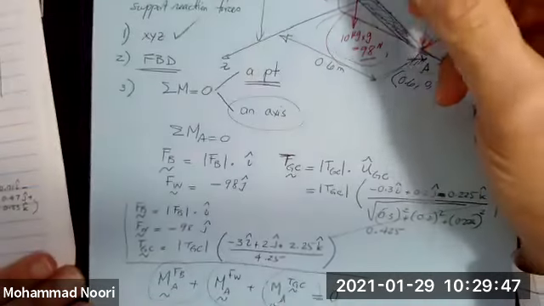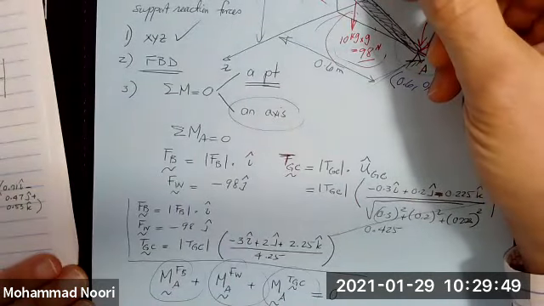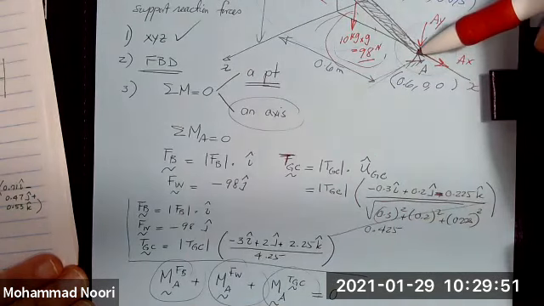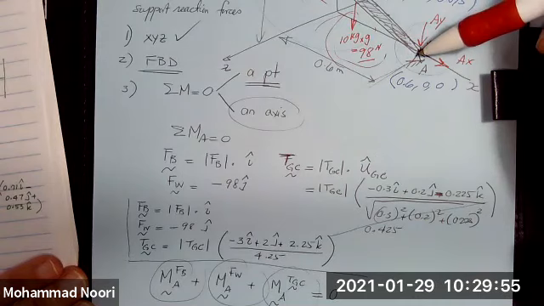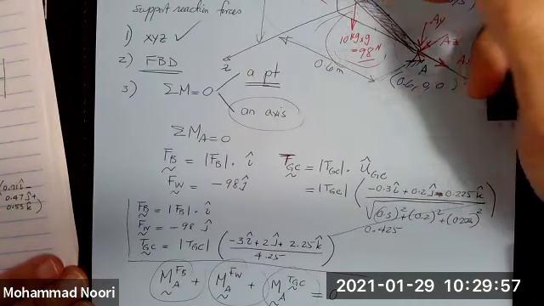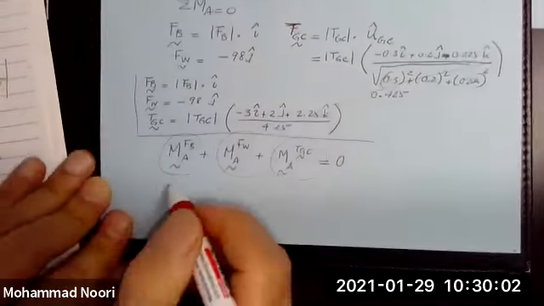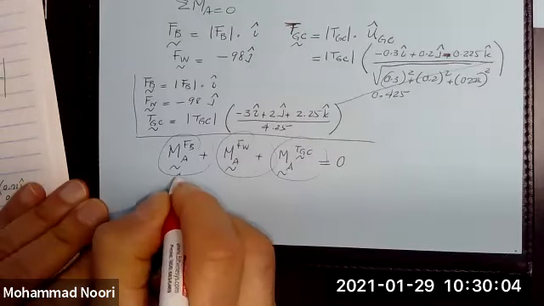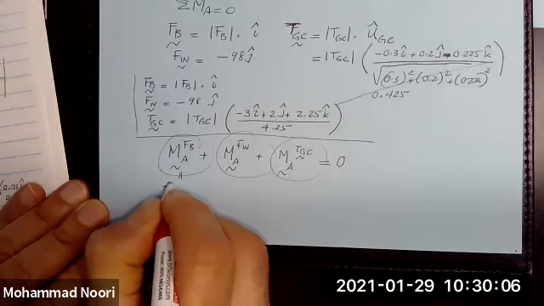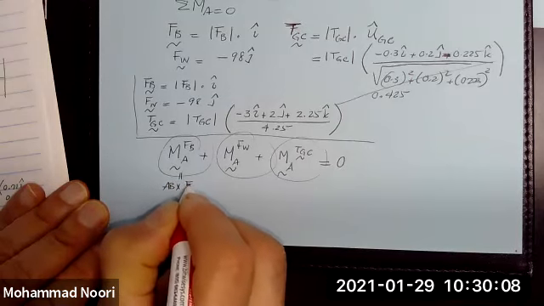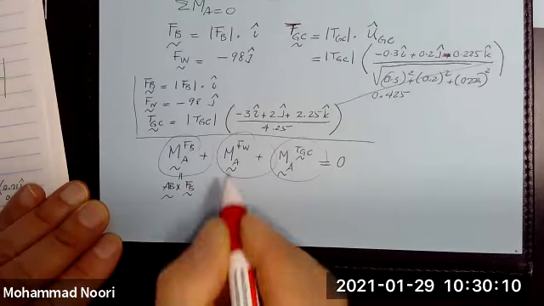So let's look at this. I want to take a moment of that force about point A. So I need to consider a position vector that connects A to any point along FB, which obviously would be B. So this one would be AB cross FB.